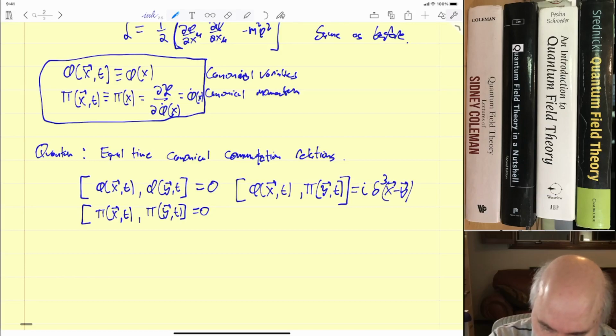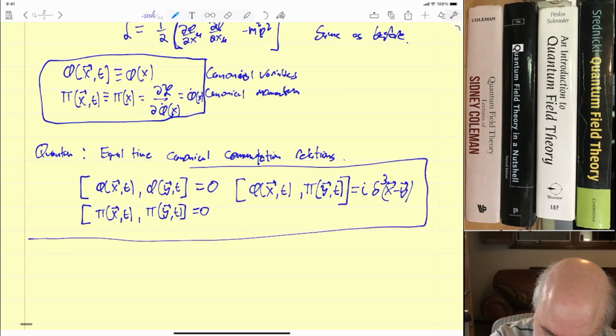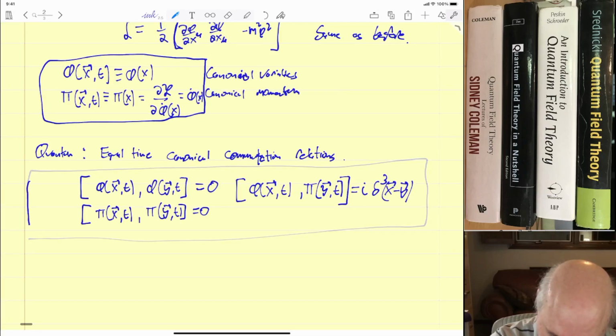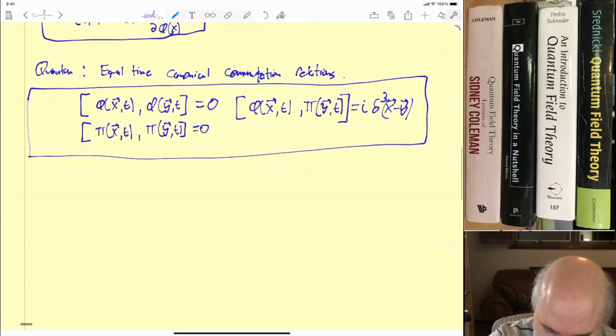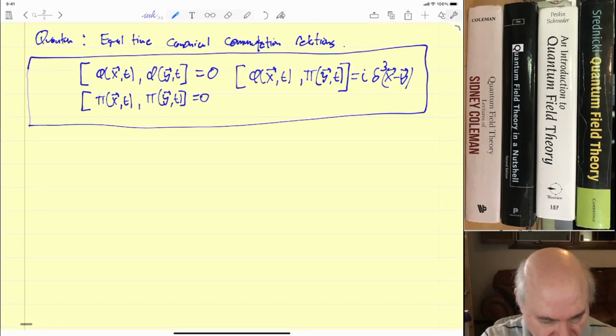This is the important one. Okay. Big box around canonical quantization relations. Okay.